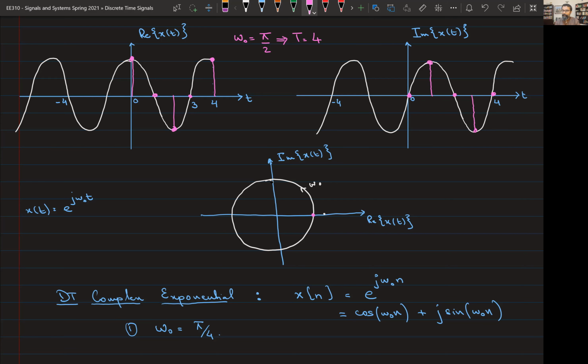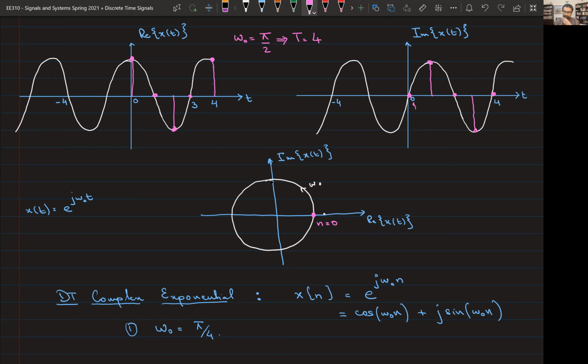So the imaginary part. Now what happens on the circle? If I just collapse the time dimension, n equals 0 is the point over here, because n equals 0 pe, the cosine omega naught n is actually 1, and the imaginary part is 0, which is an angle of 0 degrees.